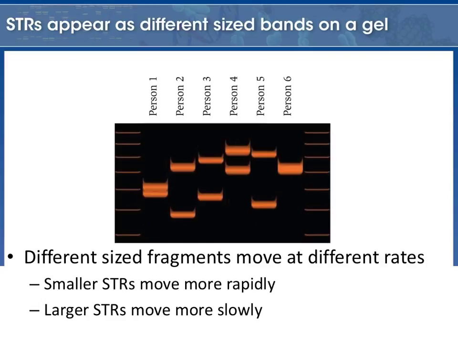Remember, each person is diploid. That means they've got 2 bands. They've got one from mom and one from dad. Sometimes mom and dad had the same fragment length or the same allele, and so you might get a thing where they have the same size band.